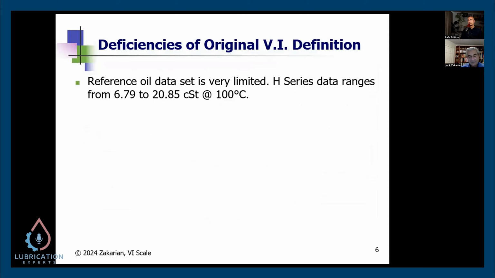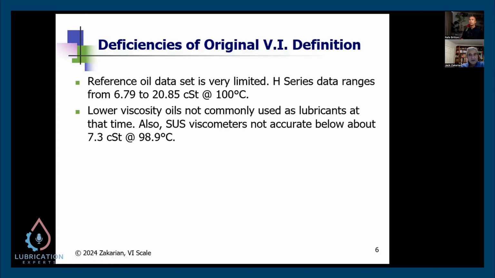The first thing is that there was very limited reference oil data. From that slide earlier, you can see that at 100 degrees, the viscosity only went from 6.8 to about 21 centistokes. That's fairly narrow for the range of lubricants we produce today. Also, at that time, lower viscosity oils were not typically used.